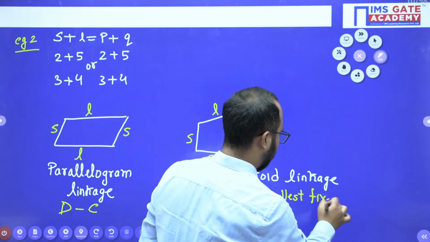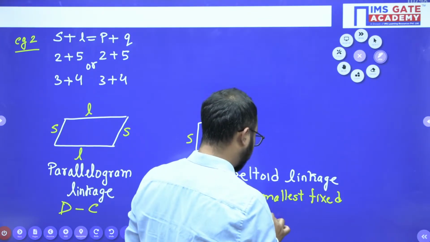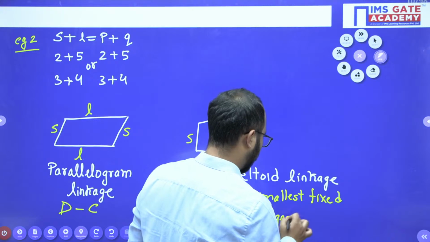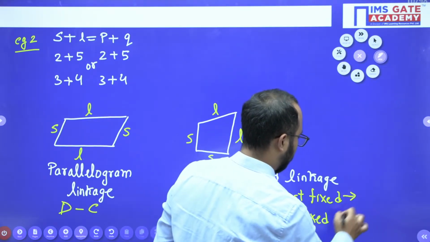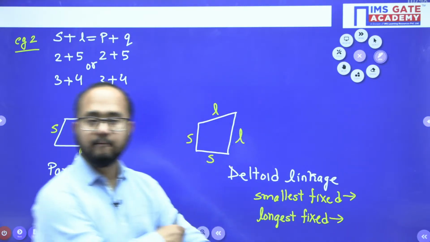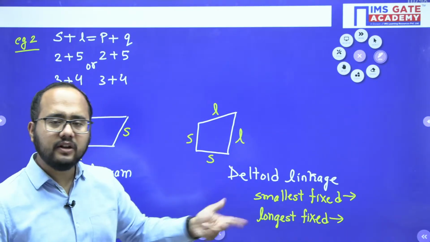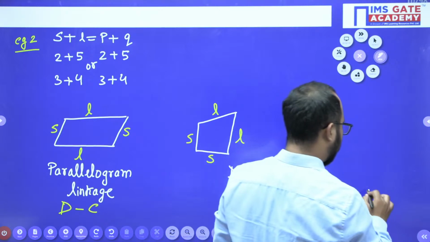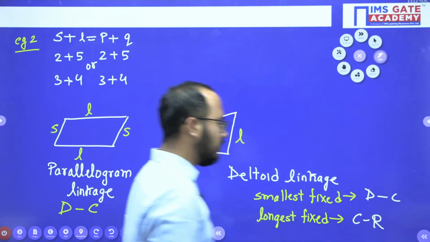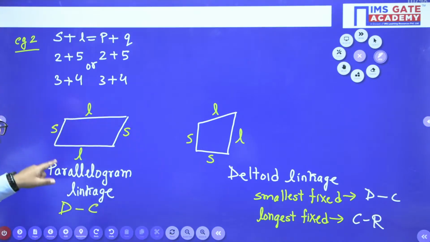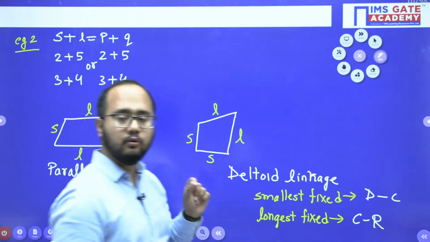Smallest fixed, and another case will be longest fixed. Okay, when I say smallest fixed, in this case also you will see double crank, and here you will see a crank rocker kind of mechanism. So the deltoid and the parallelogram linkage are the most important cases here.